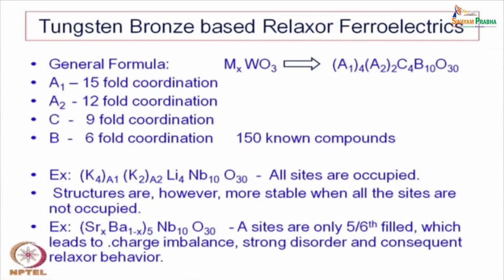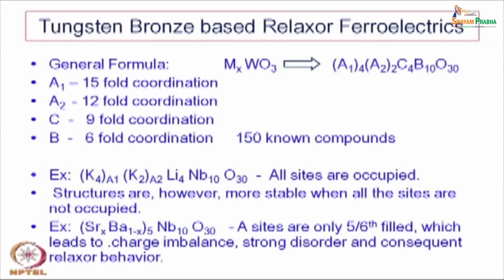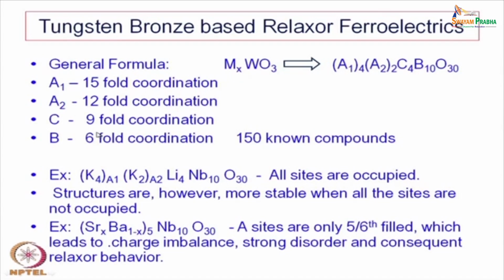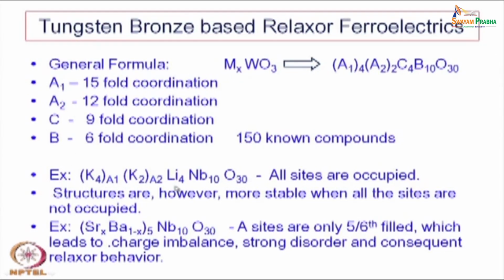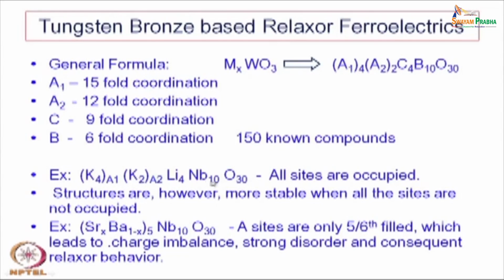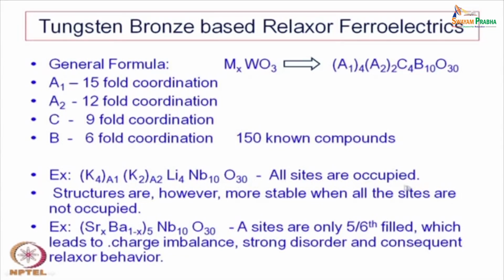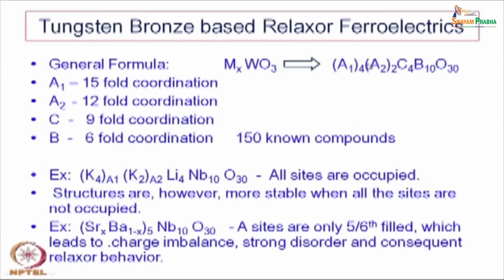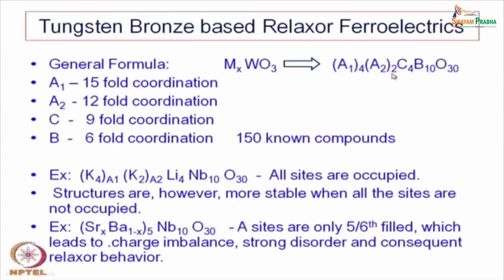So, the structure is quite complex in nature. One example of this particular structure is potassium lithium niobate, where all sites are occupied: there are 4 sites, 2 sites, 4, 10 and so on.